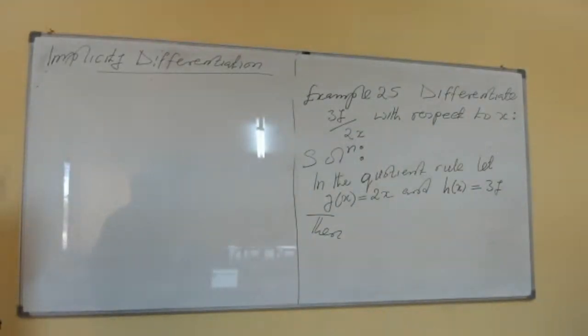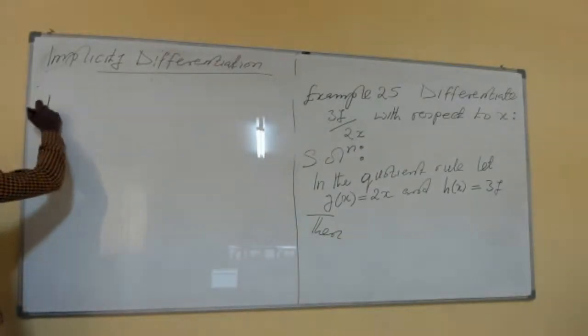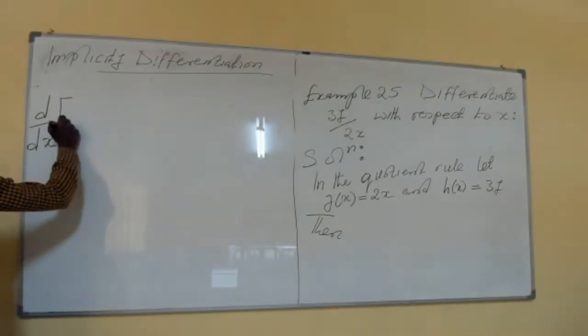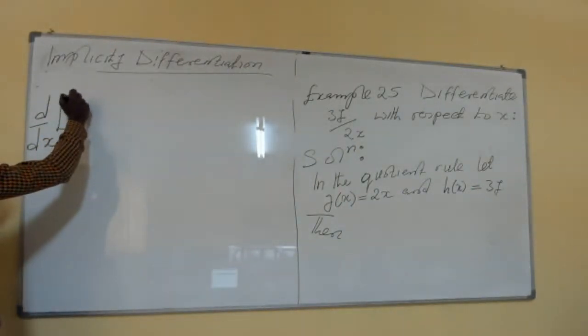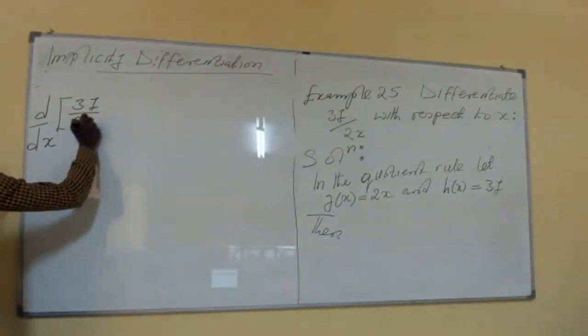So by the quotient rule of differentiation, we have the derivative with respect to x of our function, 3y divided by 2x.